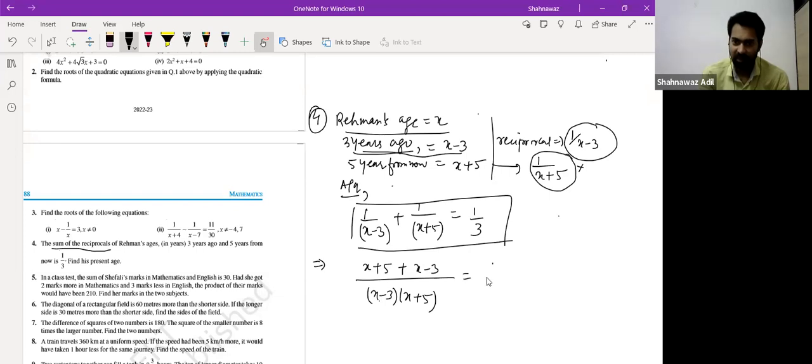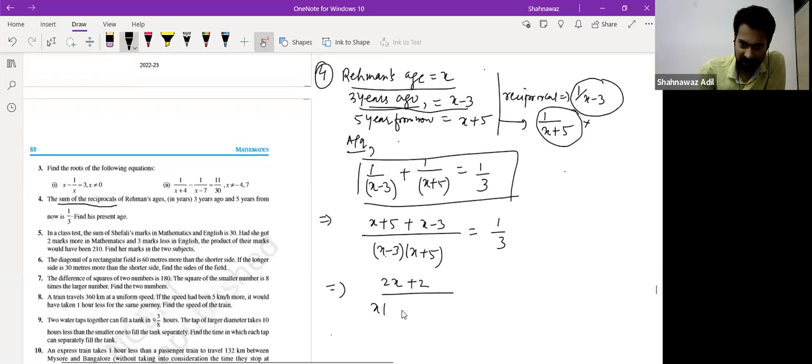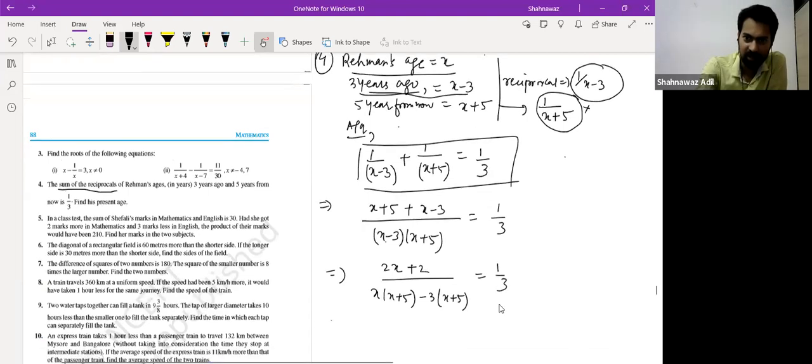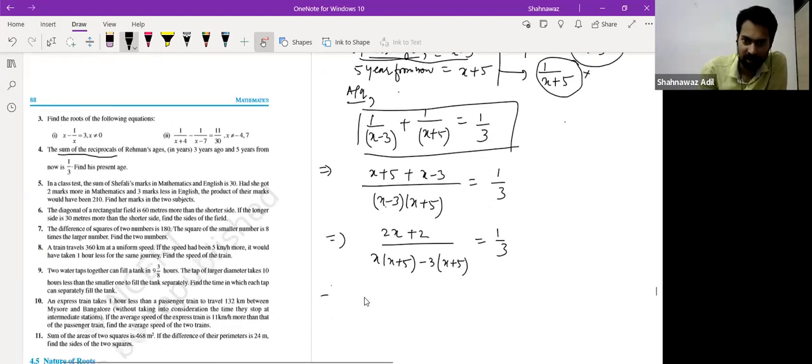So this is 1 by 3. x plus 5 plus x minus 3 is 2x plus 2, and the denominator is x squared plus 5x minus 3x minus 15.